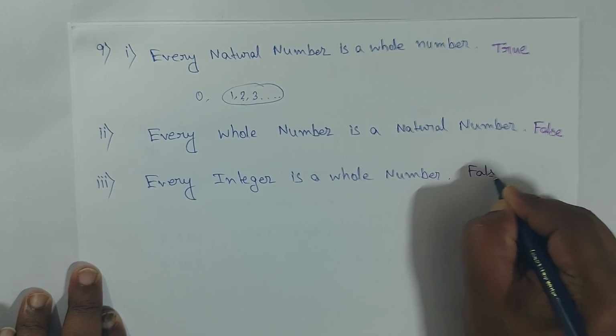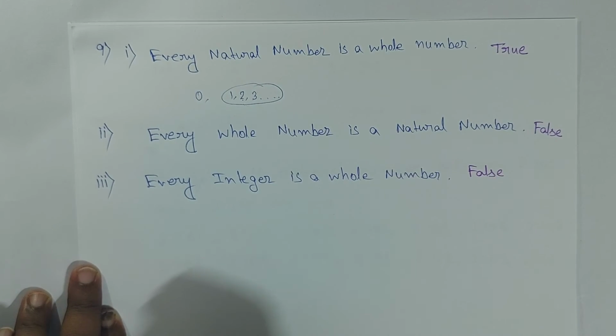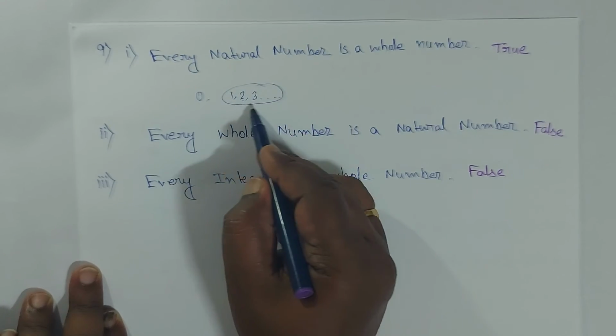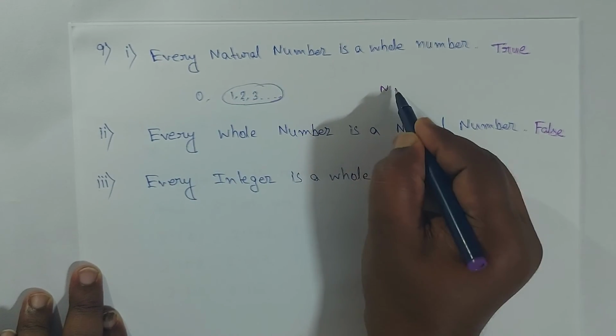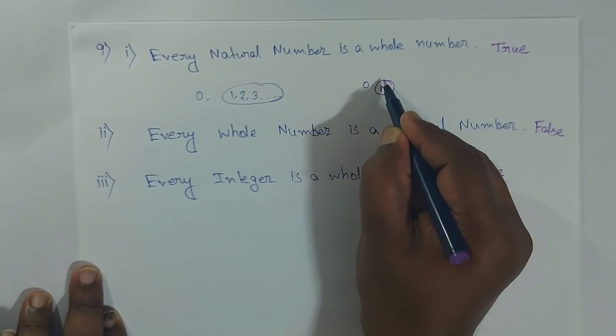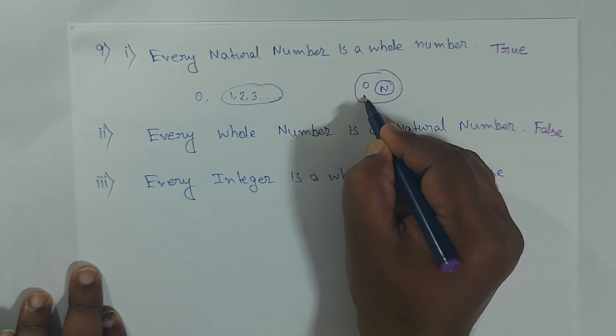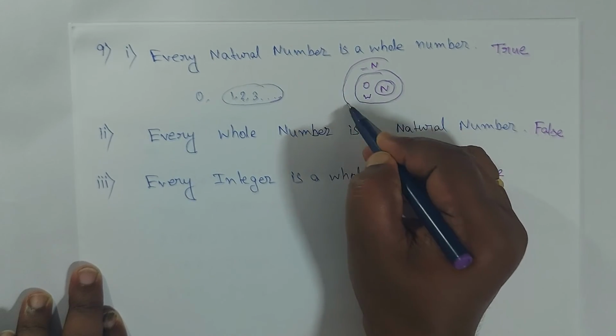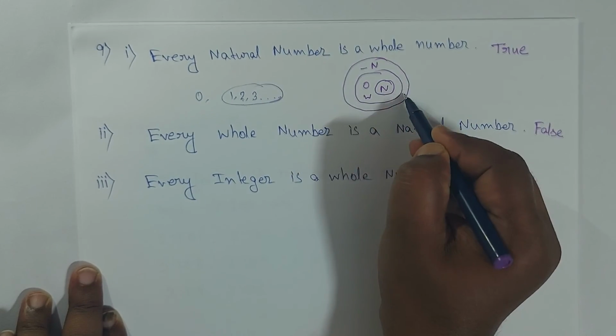Why? You remember, first comes our natural numbers, then 0, together they make whole numbers, then the negatives of natural numbers make the group of integers.